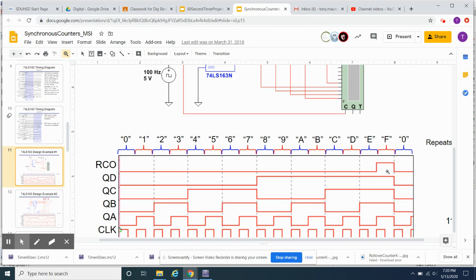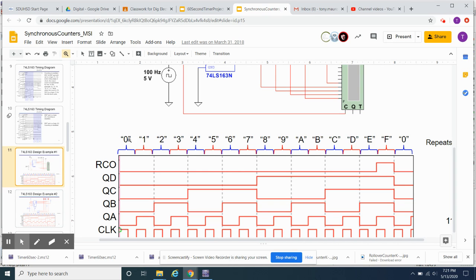Okay, so I then could take that signal, feed it into the load, and every time this thing comes about, it's going to load in, and I set up my A through D to be a 6. So every time this comes in, it'll load this one, and then it'll start counting again. So that just means that instead of going from 0 all the way to 15, which means this RCO has a duty cycle of like 1/16th, right?